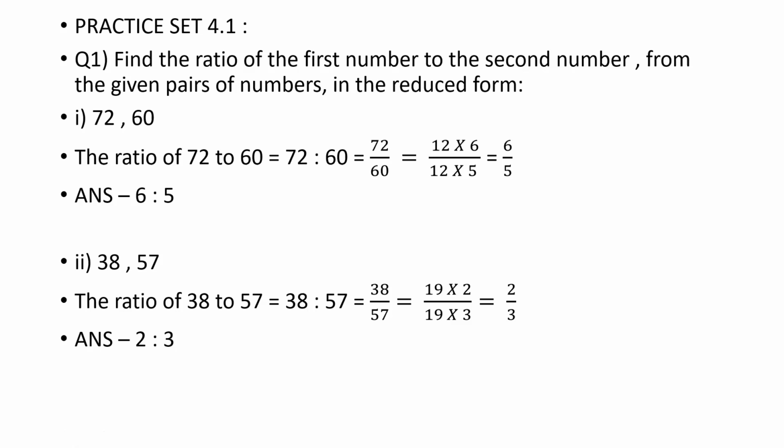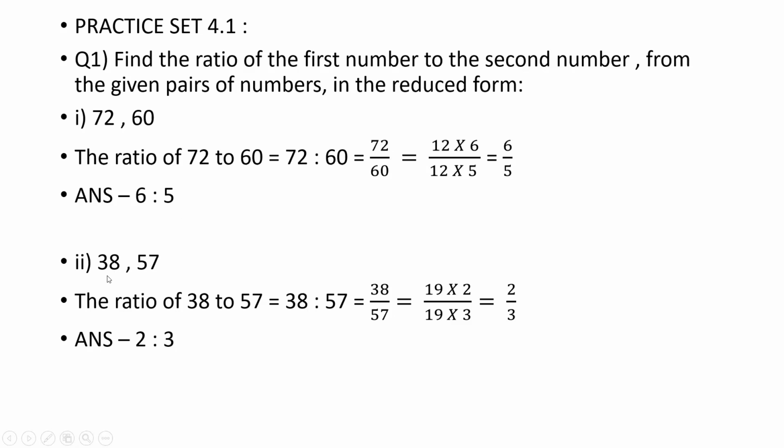This is the sign which we use when we are finding the ratio of two numbers. Okay, so we will write 72 upon 60. 12 sixes are 72 and 12 fives are 60. 12 and 12 will be cancelled. We will get 6 upon 5. So our answer is 6 is to 5.